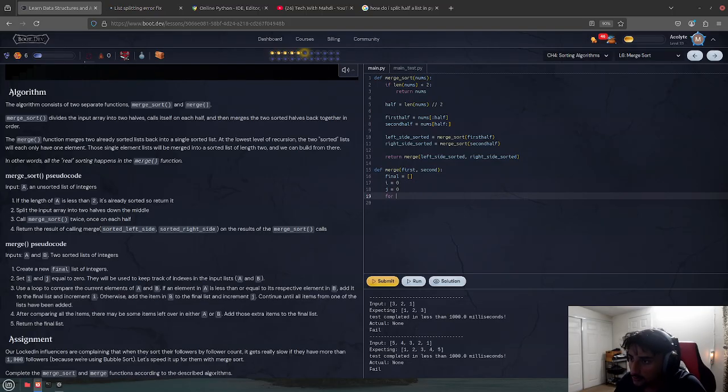So we want to compare the correct elements of A and B, then use i and j to keep track.